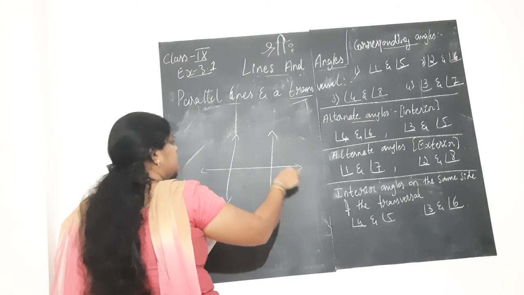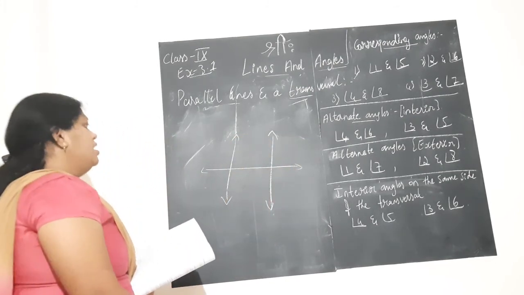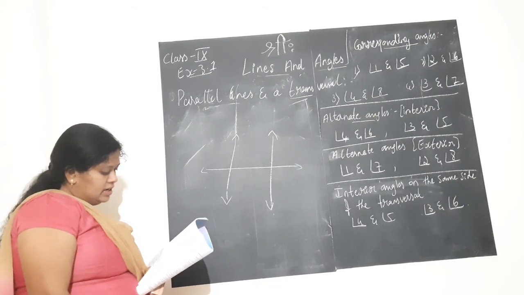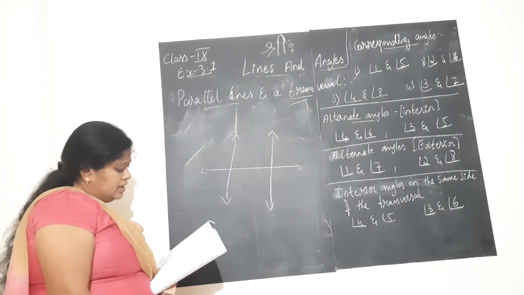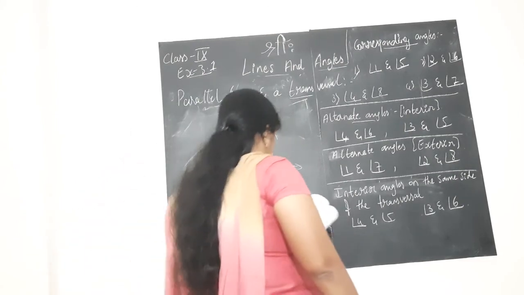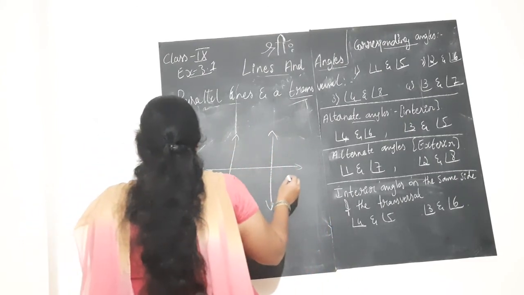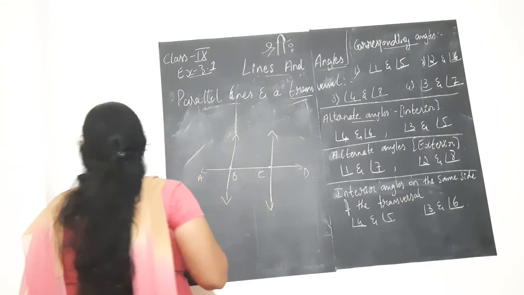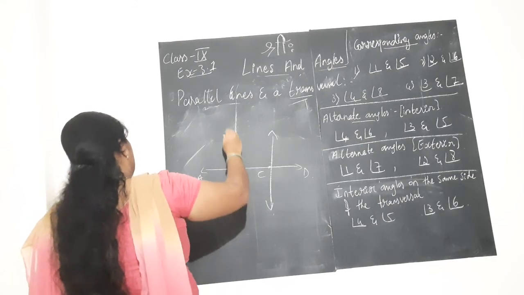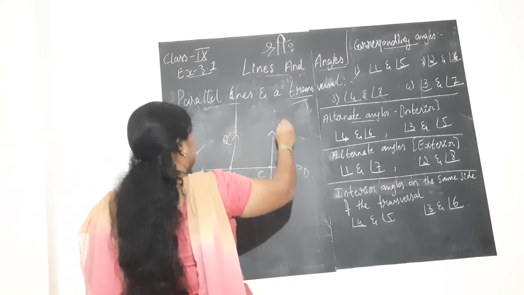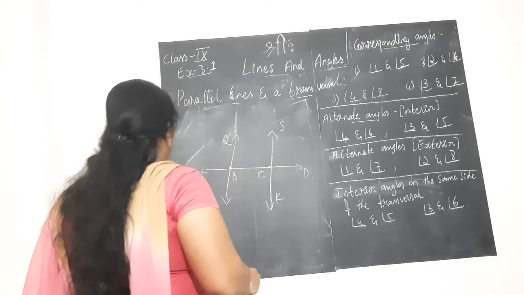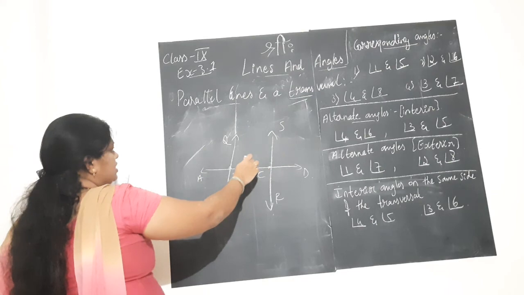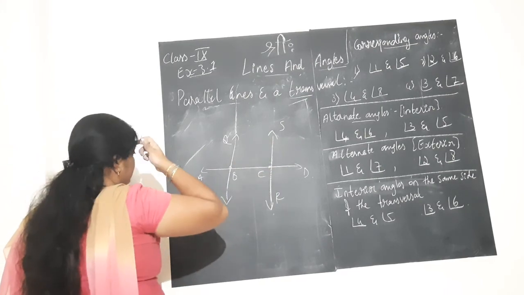Now this is the transversal drawn to the parallel lines. Now the pair of corresponding angles formed are equal. Which are the corresponding angles means, for that we need to label. Let me label it. A, B, C, D, P, Q, R and S. So which angle: angle ABQ and angle BCS.